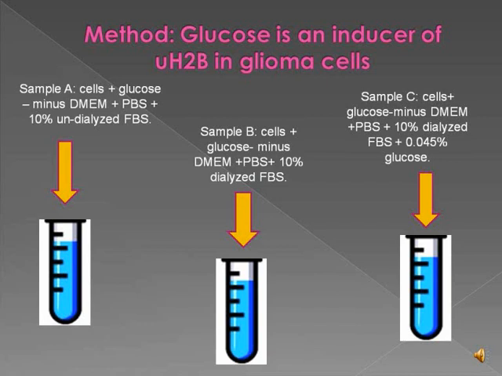In sample C, U87 and U118 cells were grown in regular high glucose DMEM and then rinsed with PBS to remove glucose for 6 hours. Cells were then collected and replated with glucose-minus DMEM with dialyzed FBS and 0.5 grams per litre glucose.